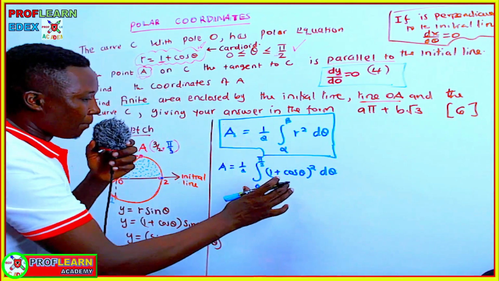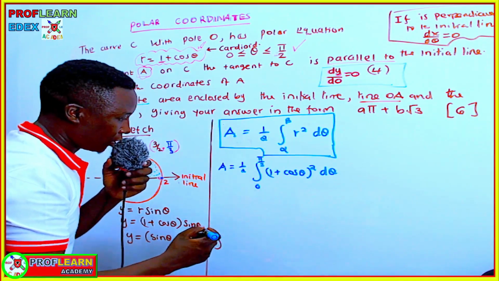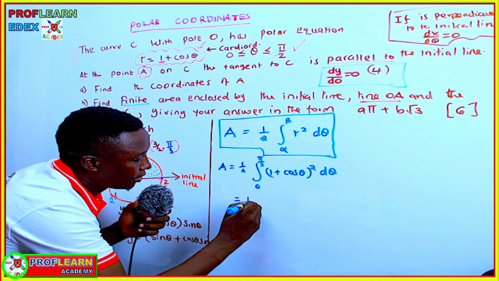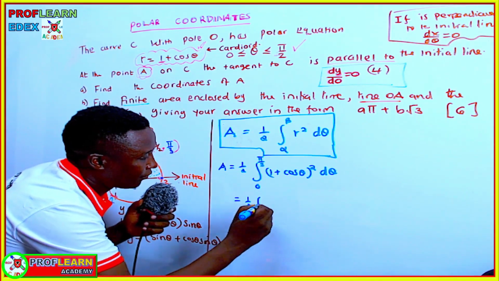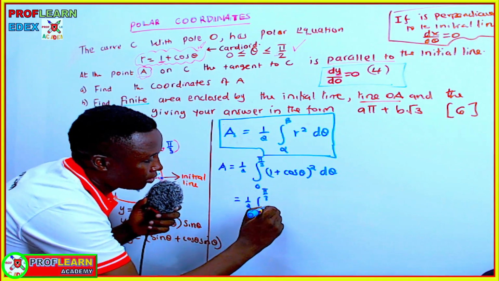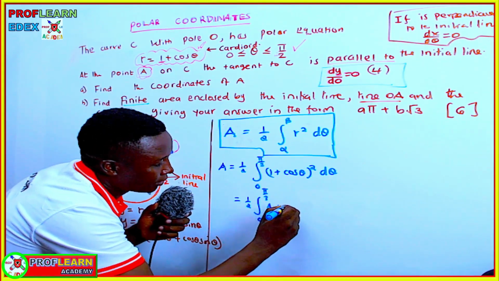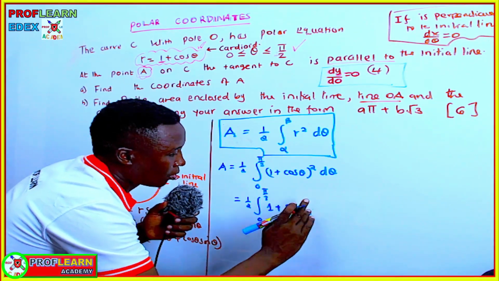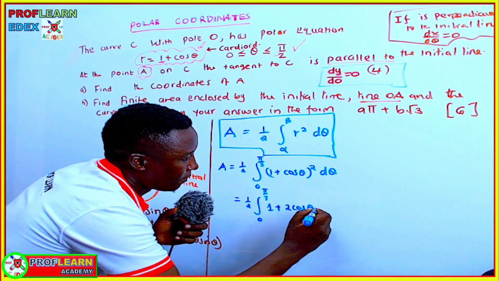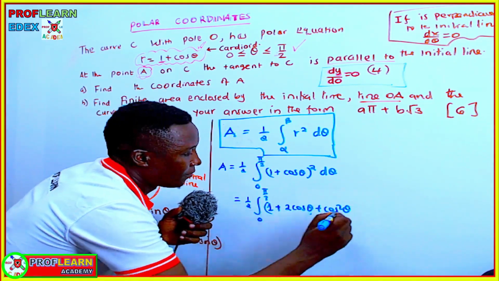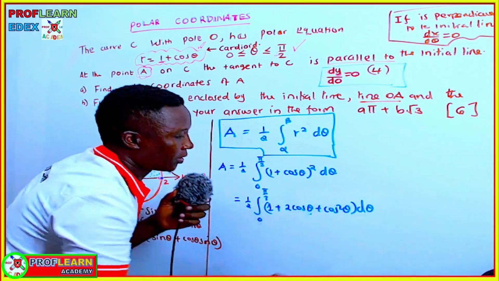Before we perform any integration, this is going to be a half integral from 0 to pi over 3. If we square this, we are going to get 1 plus 2 cos theta plus cos squared theta, with respect to theta.